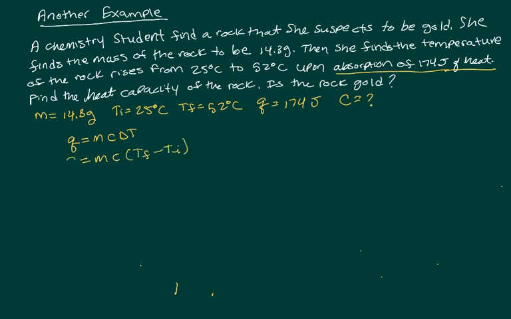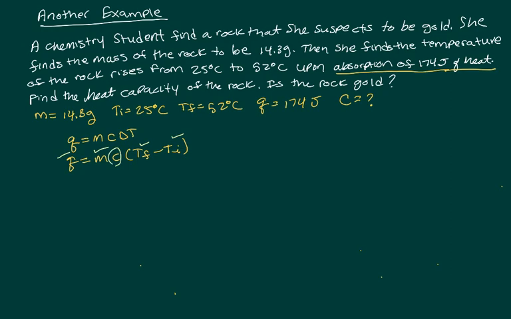And let us see what we have here. Okay, so we have the mass, we have the T final, T initial, and Q. We're trying to solve for C, which is the specific heat.